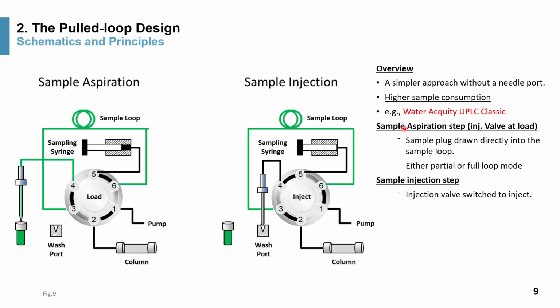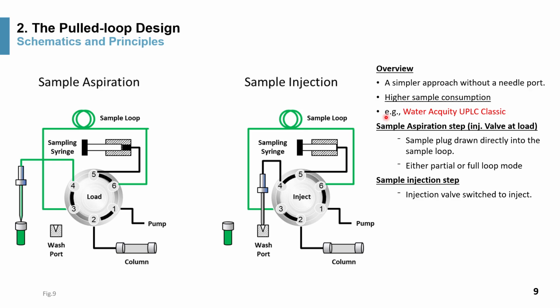However, the sample consumption is quite a bit higher. An example of this design is used in the Waters Acquity UPLC Classic, which was introduced in 2004, right? So this is probably not used in many modern designs.